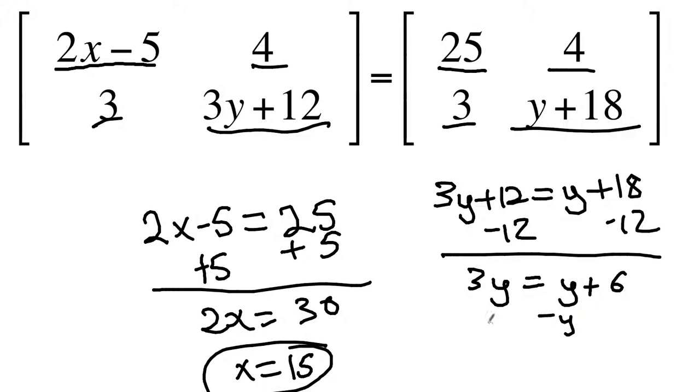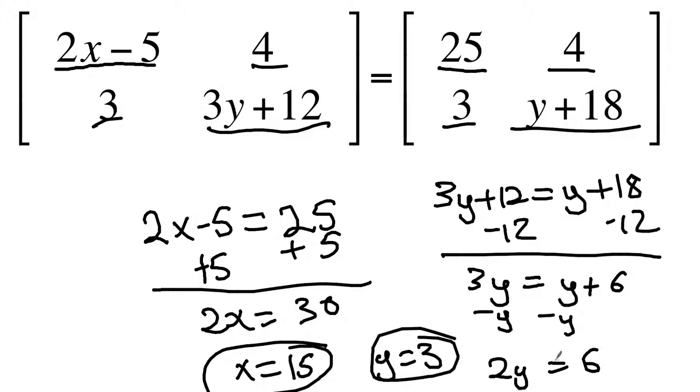Now I'm going to subtract y from both sides, and I get 2y equals 6. So that tells me that y is equal to 3 if I divide both sides by 2. So since these two matrices are set equal, that means x must be 15 and y must be 3. And I believe that's it for this lesson. Yeah, I'm going to do that one in extra help.